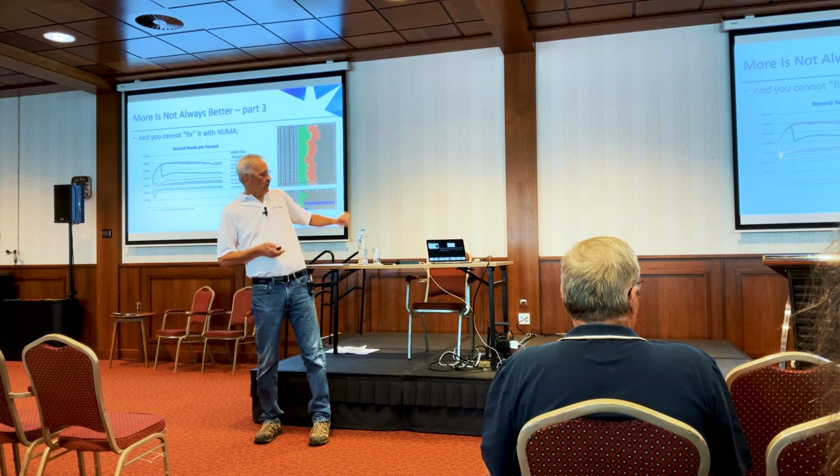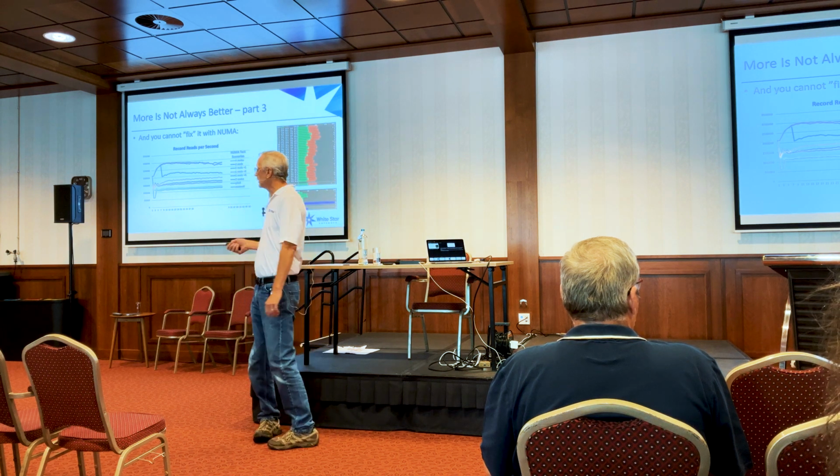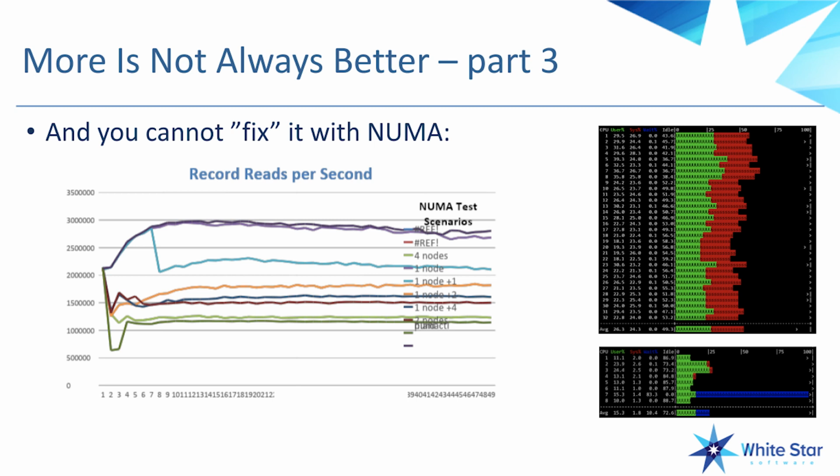As soon as you cross over to that very first CPU on the second node, performance plummets. Drops right off a cliff. You get half the performance as soon as you start using any core on any other node. And no matter how you mix them up, no matter what you do in NUMA control, no matter what you do trying to spread things across the other cores, you only get half the performance when you're using more than one node.